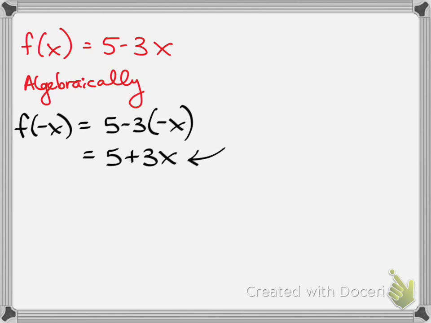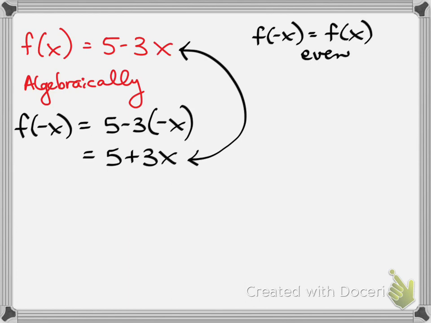And then you compare this new function with the old function, because we wrote down if f of negative x was equal to f of x, that meant it was even, like cosine. But if f of negative x was equal to exactly the opposite of f of x, then that was odd. So when you compare these, they are not exactly the same. They are not exactly opposite, so it's neither.